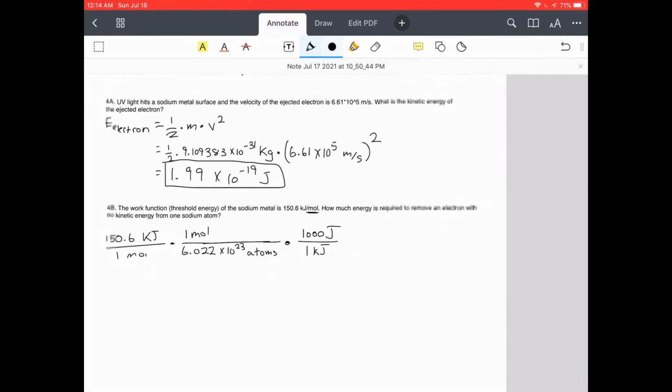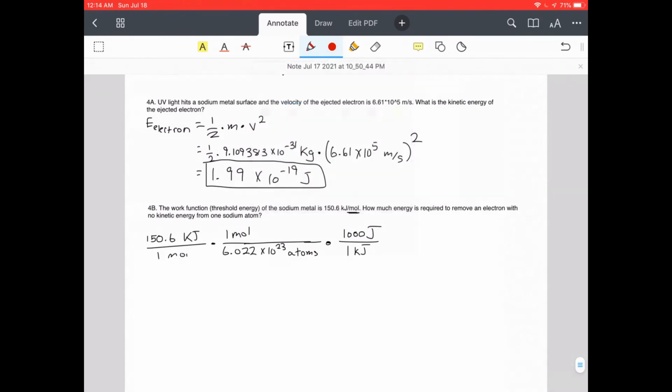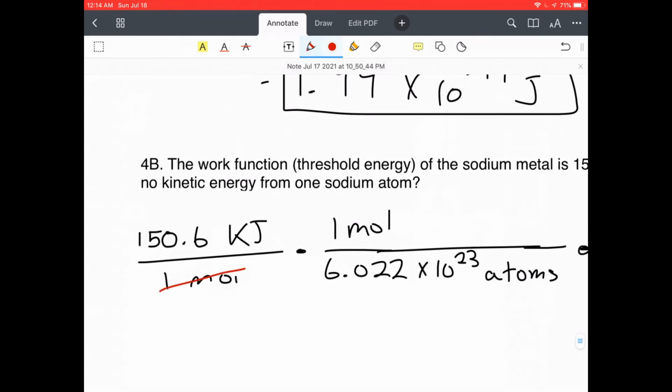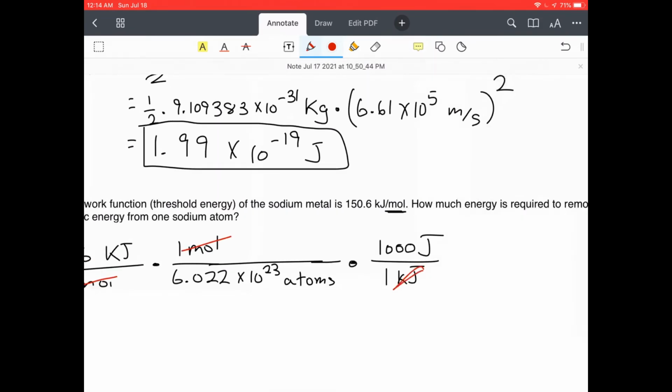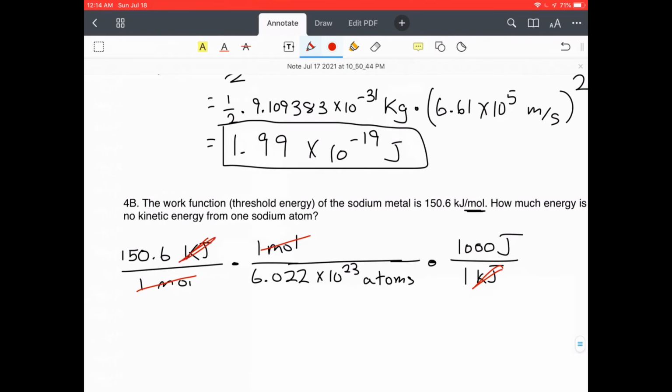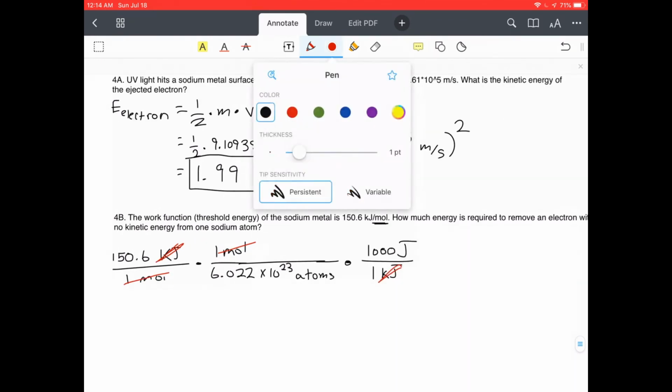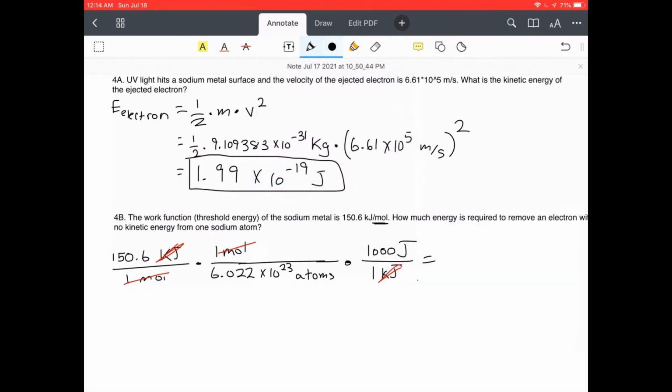So now let's cancel the units. This is now the fun part of the dimensional analysis. So the moles cancel out here, and the kilojoules cancel out here. And so we are left with 150.6 times 1,000 divided by 6.022 times 10 to the 23.